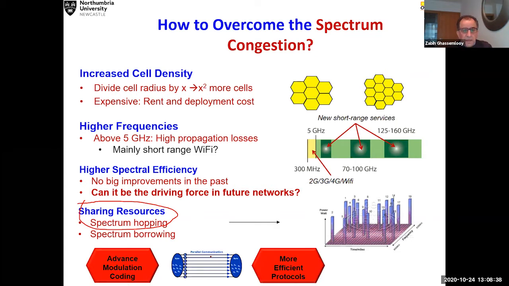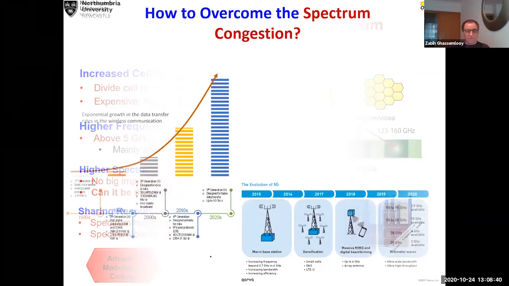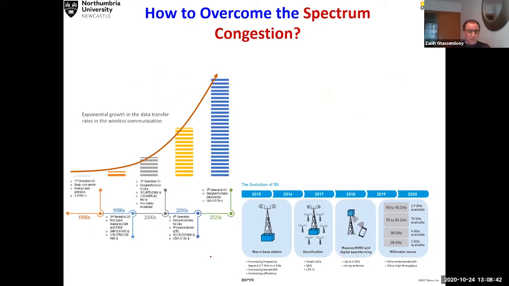We have this trend, which is at least the last 40 years or so. We have been dealing with cellular systems, which moved away from a single transmitter or single base station in a single cell into the first generation, and then into third generation, fourth generation, and now we are at fifth generation, and beyond that, possibly in the next 5 or 6 years, we will be talking about 6G.